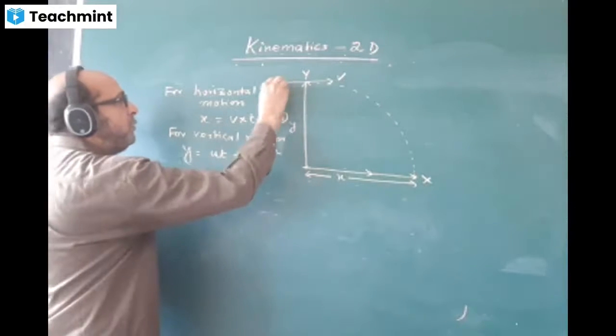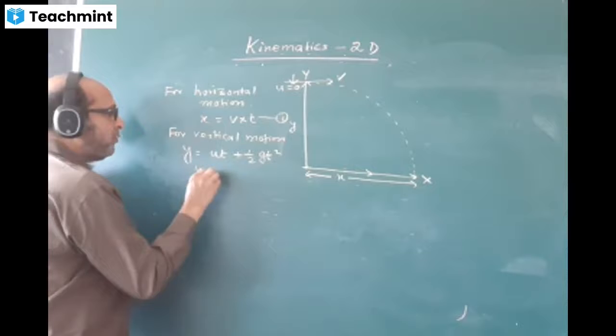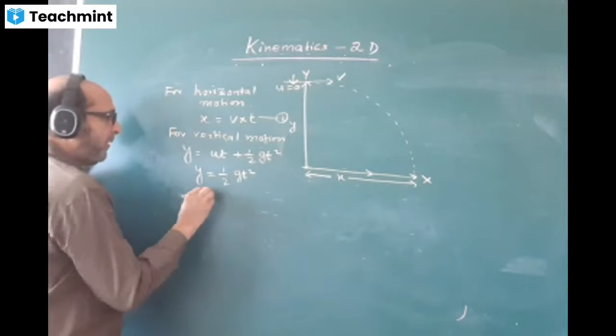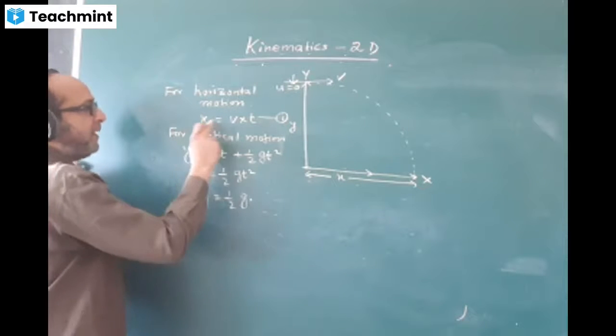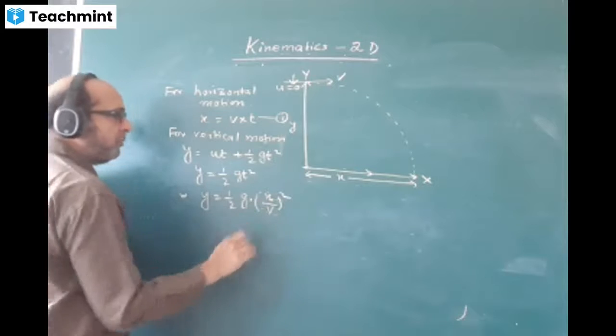The u value is 0 in this direction, so y is equal to half gt square. Keep y as it is, half g as it is, and put the value of time. Time value is h by v, so we get h by v whole square, from equation 2.